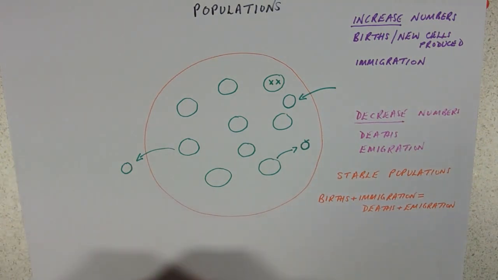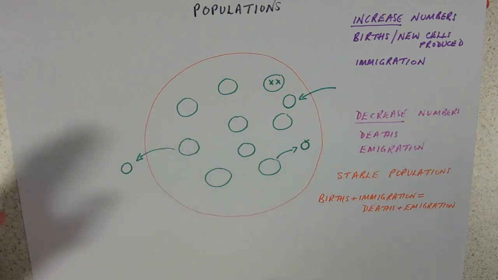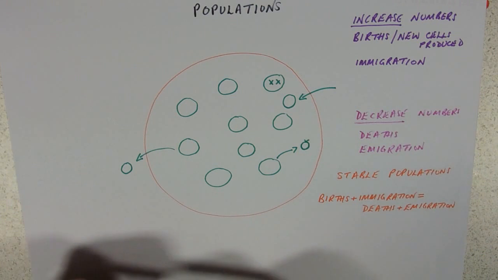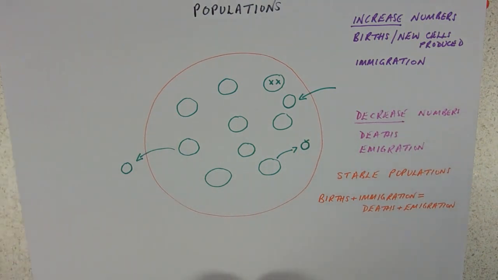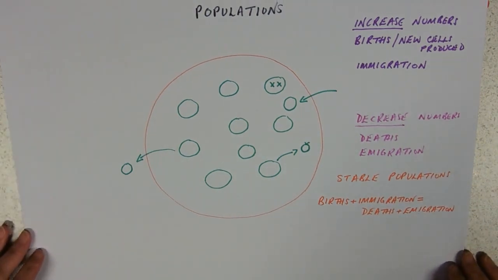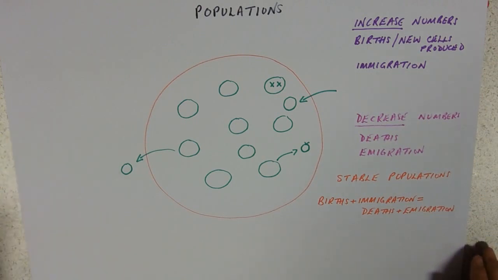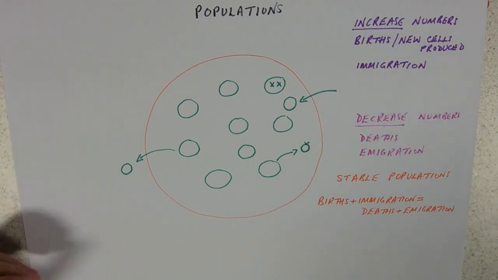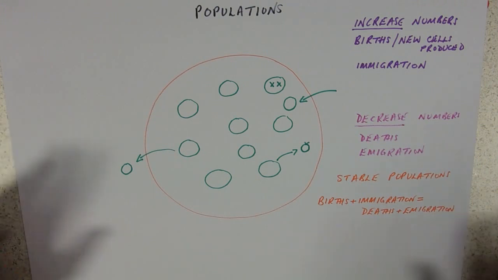And I remind you again, so births, you're talking about animals. If you're talking about a population of deer, lions, wolves, bats, rabbits, you're talking about births. If you're talking about yeast or bacteria, you're going to talk about cell production and cell death. So I think that kind of really covers it.